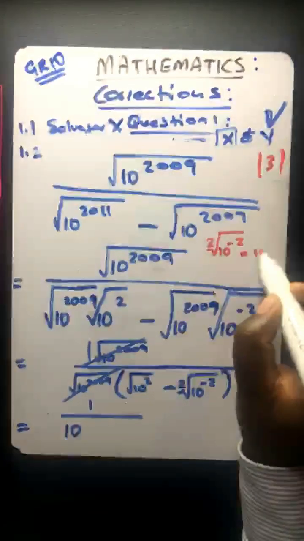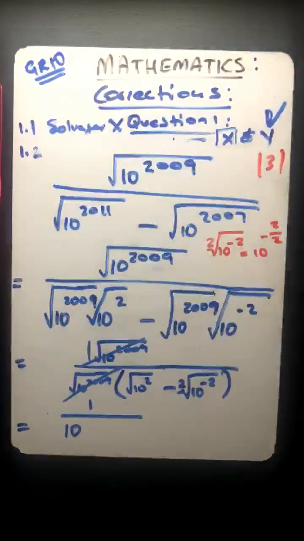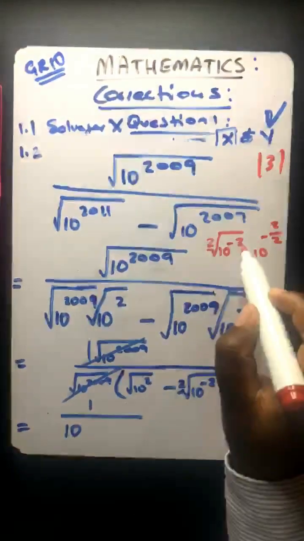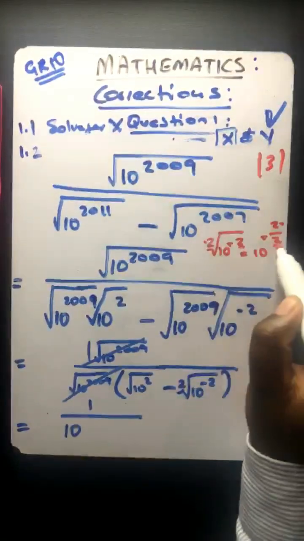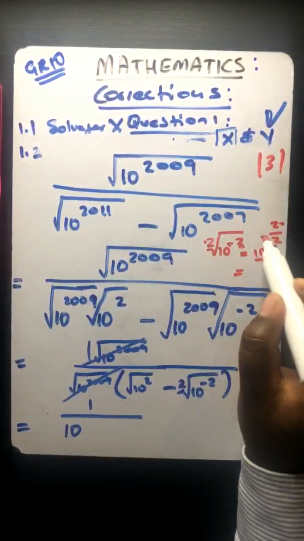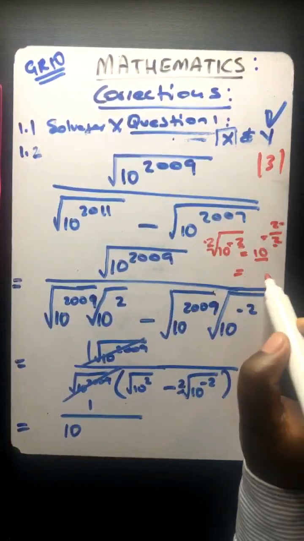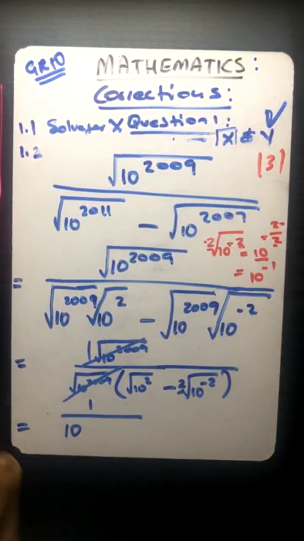And this thing is the same as 10 to the exponent negative 2 over 2. Which 2 is which? This 2, it is that one. This sign, it is that one. This 2, it is that one. So obviously, 10 is 10. What is negative 2 over 2? That is negative 1. So that is why you end up having that. What is that?